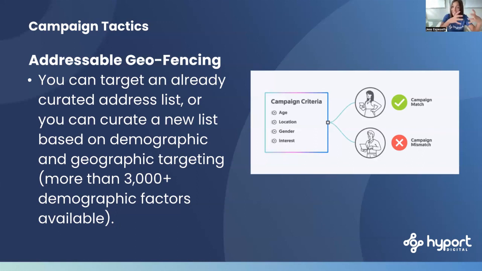You can actually take that demographic information and take your geographic area that you want to target and build a targeting profile, curate a list of every potential user device that matches that profile that you build out. And then they all become potential targets for your campaign.